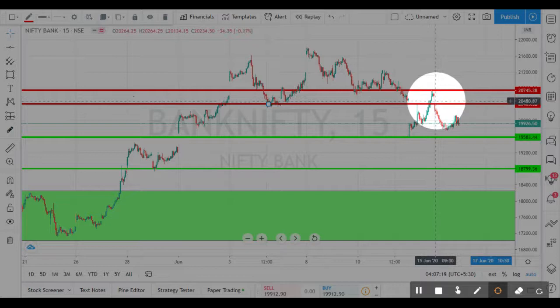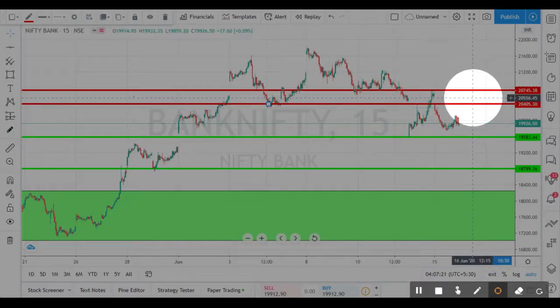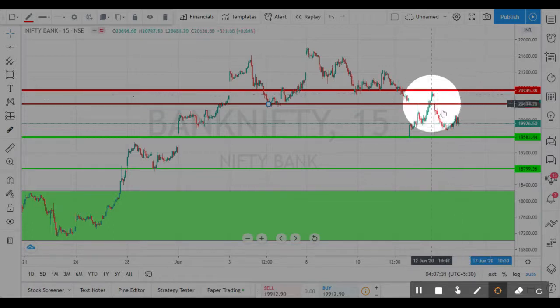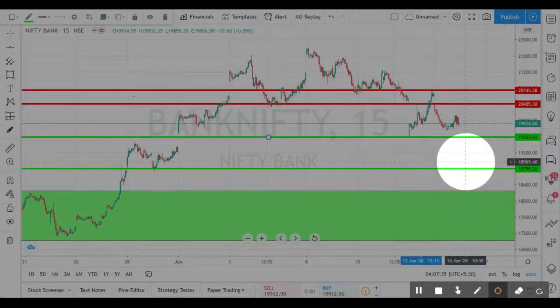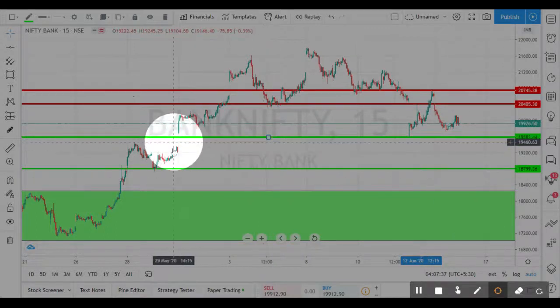If the market fills the above gap, and if market opens higher and again moves higher, we will not plan for buy, we will plan for sell, because our buying areas are here. It will cover the gap.